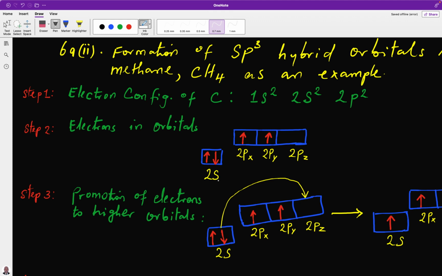The 2p is a bit higher up and has a higher energy level than the 2s. In 2s, the first 2 electrons are filled. So we are dealing only with the 2s and the 2p.